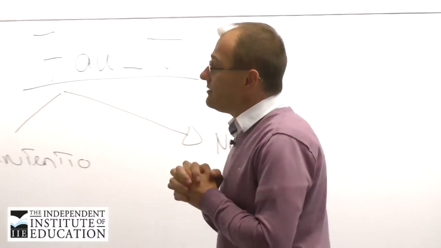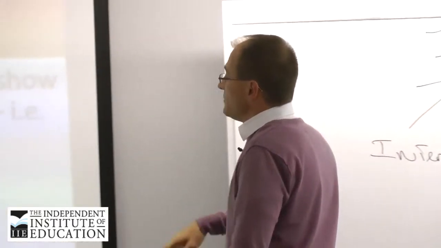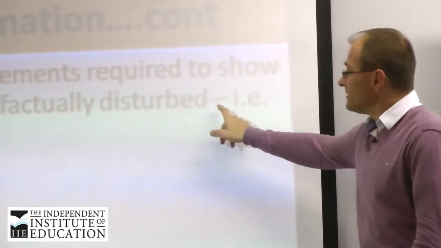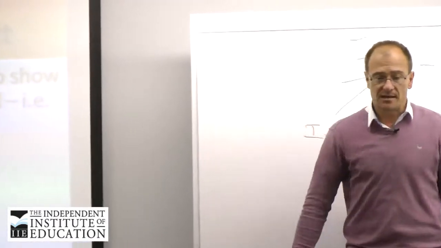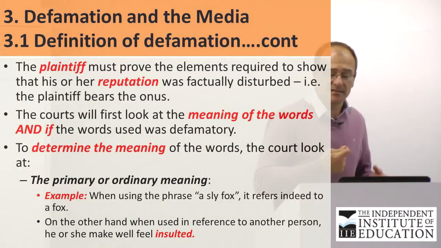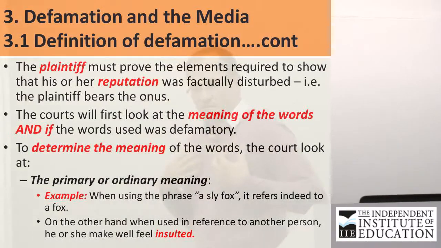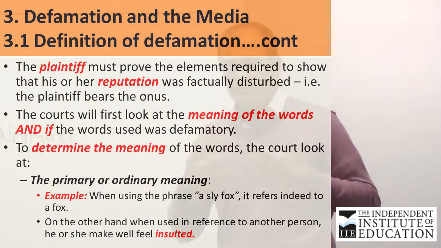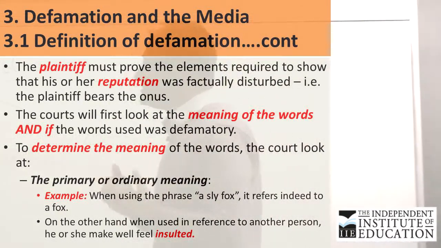Okay? Now we've said also that the plaintiff must prove the elements required to show that his or her reputation was factually disturbed. In other words, the plaintiff bears the onus. What does it mean if I say that the plaintiff bears the onus? It means that the plaintiff, the person that was defamed, must prove in a court of law that he was defamed.